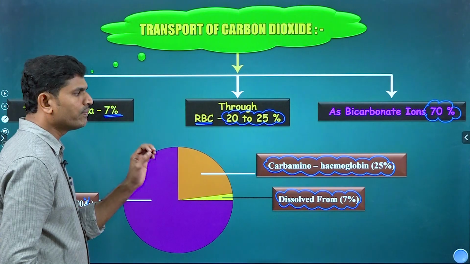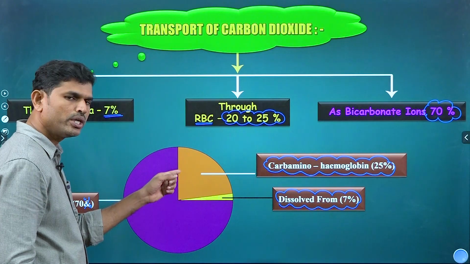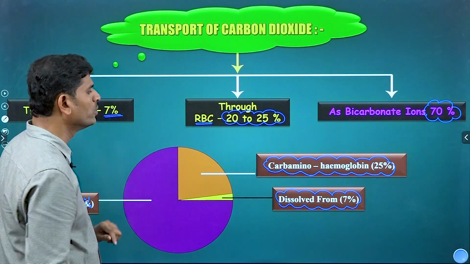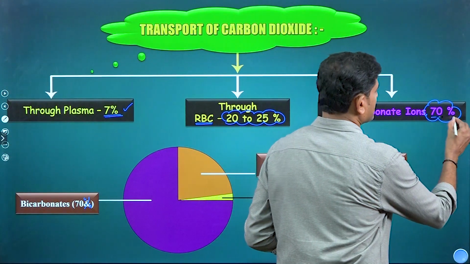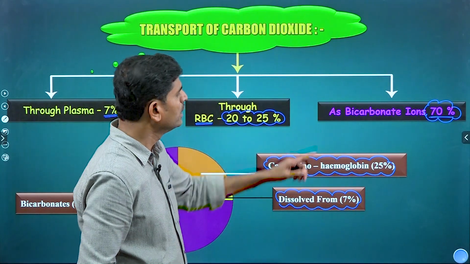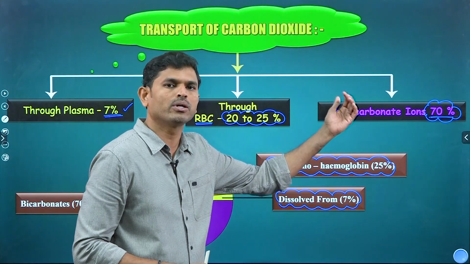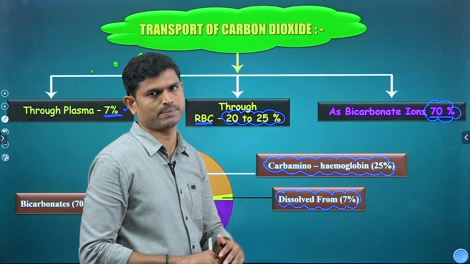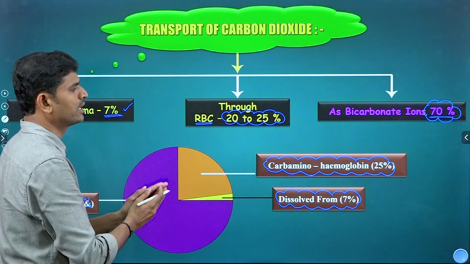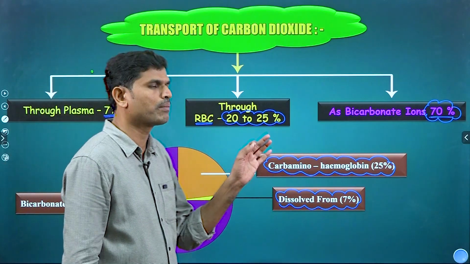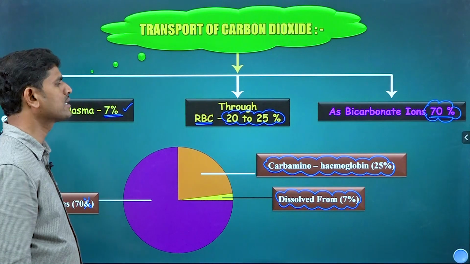Remember, if they ask the question of the total quantity of CO2 transported through plasma, we have to consider both 7% and 70%. Because this method starts with RBCs, but the bicarbonate ions are shifted to plasma and transported from plasma, so 70% plus 7%, totally 77% is the total percentage of CO2 transported by the plasma. So take 77%.